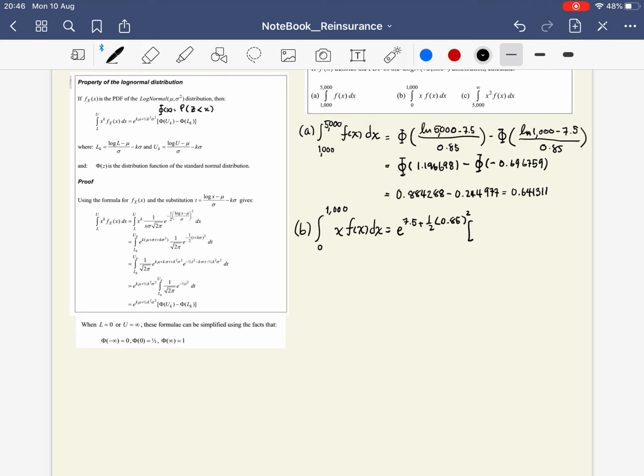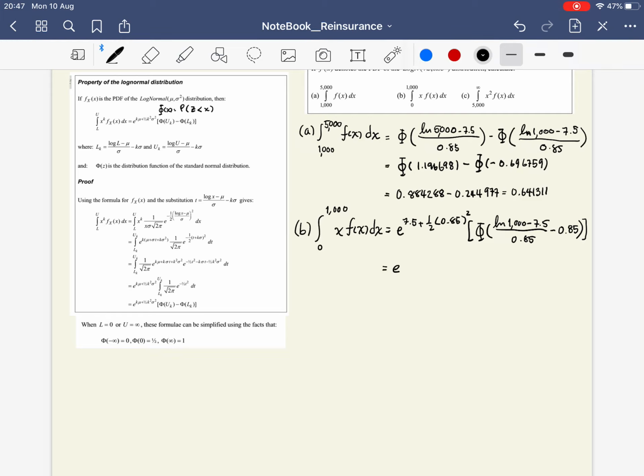And then we have phi of the upper bound, which is log 1000, take away 7.5, divided by 0.85, and then take away one more sigma, because this is k equal to 1. And as I told you earlier, the lower bound of 0 will give capital phi of negative infinity, which is 0, so it's minus 0. So we can just ignore it.